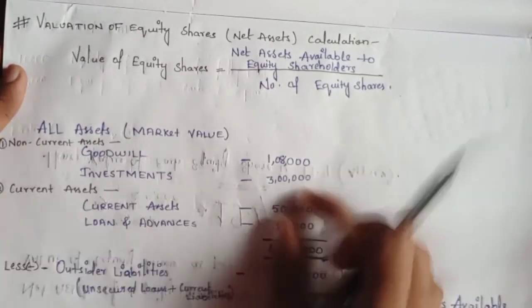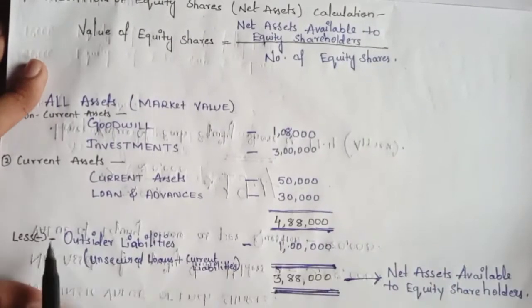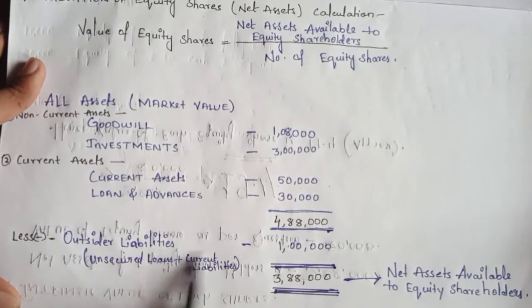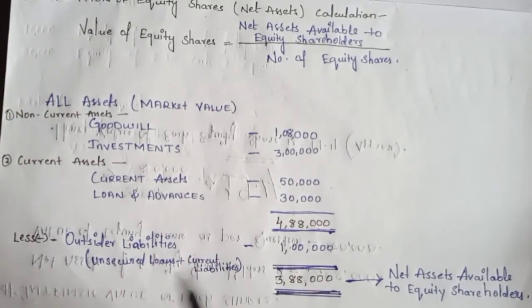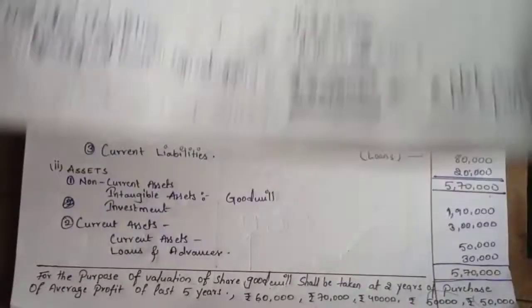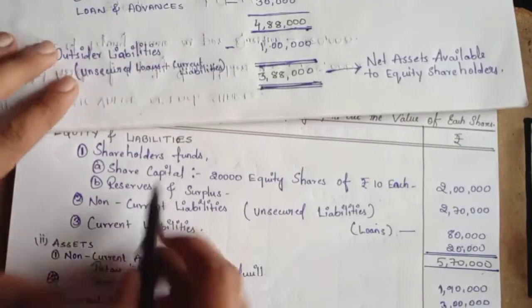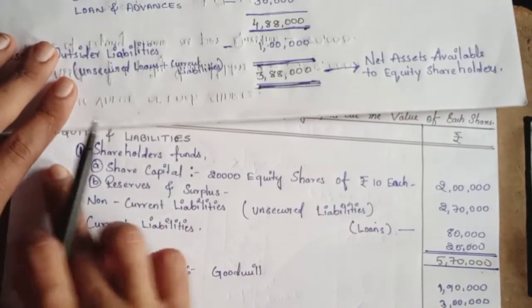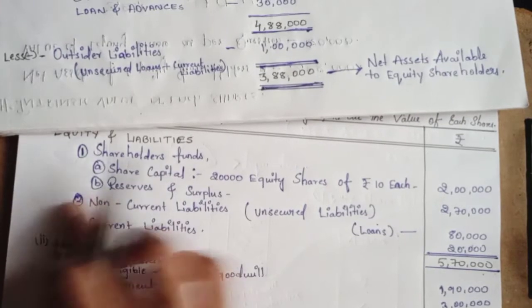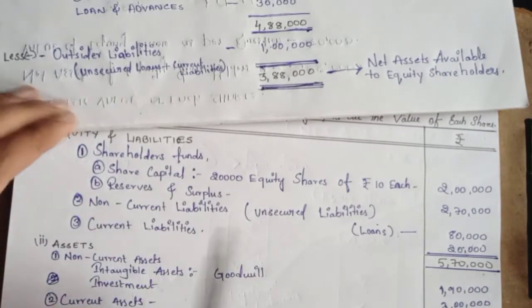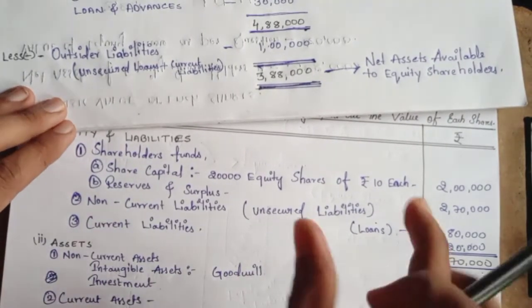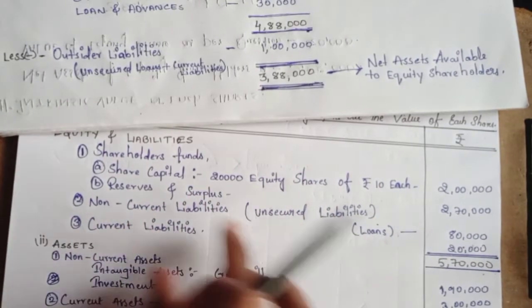This asset value we have to deduct with the outsider liabilities. What do we deduct? The shareholders' funds given here we have to ignore. We take only the non-current liabilities and current liabilities.